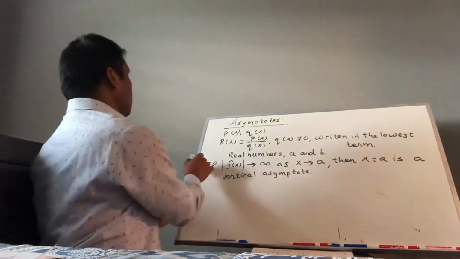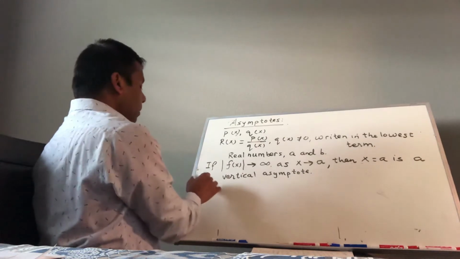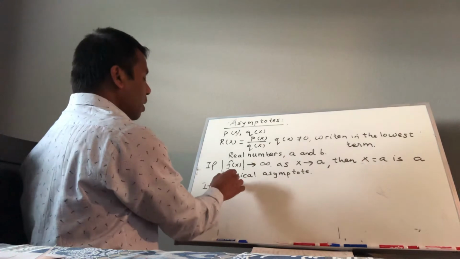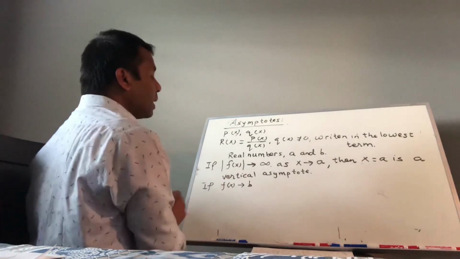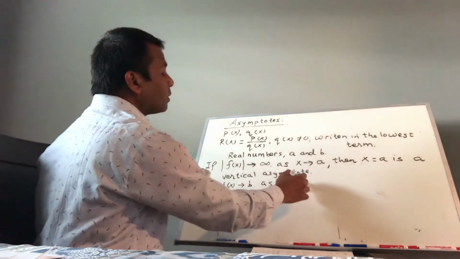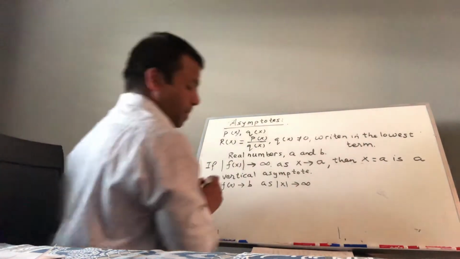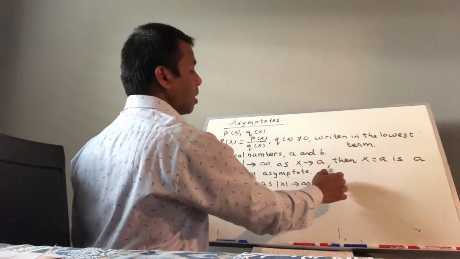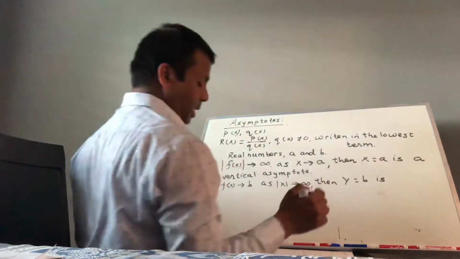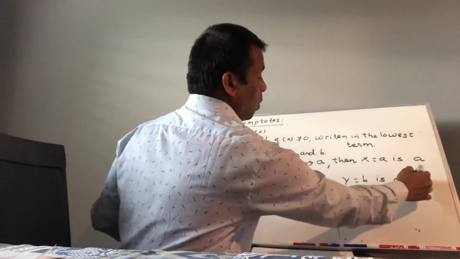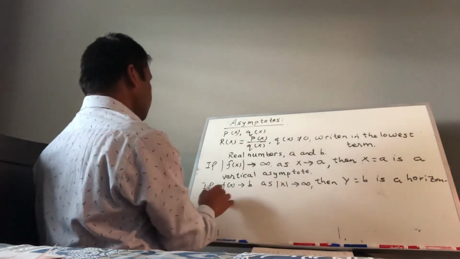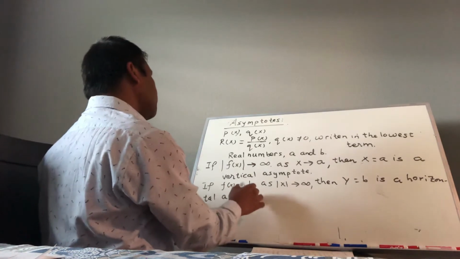If f(x) approaches b as the absolute value of x approaches infinity, then y equal to b is a horizontal asymptote.